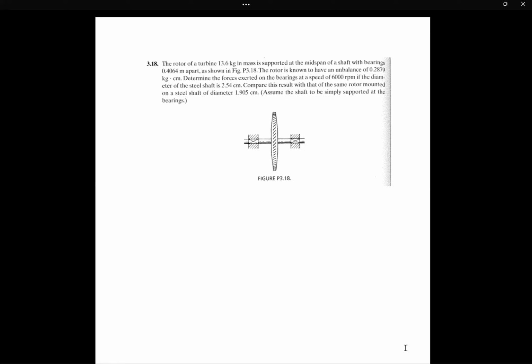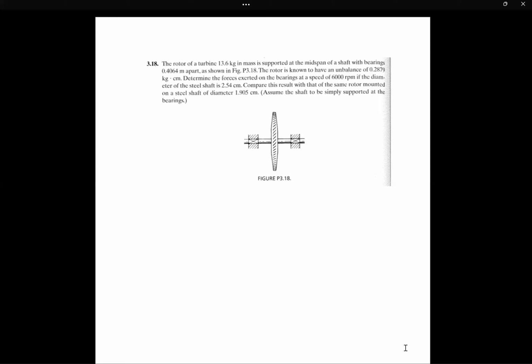Here it's given that a rotor of a turbine has 13.6 kg mass and it's supported at the midspan of a shaft with bearings 0.4064 meter apart. Also, the rotor has a rotating unbalance of 0.2879 kg centimeter.